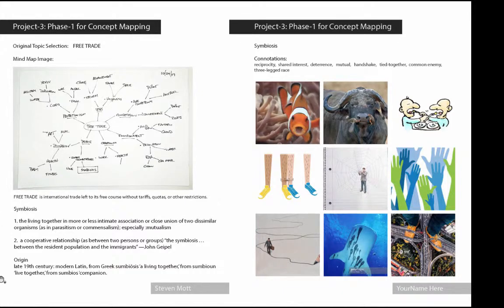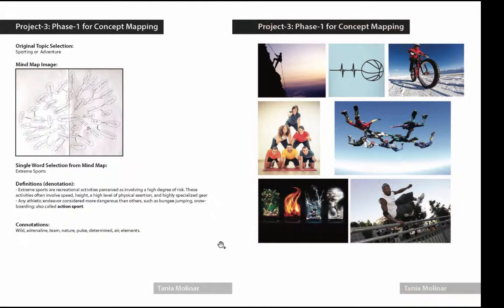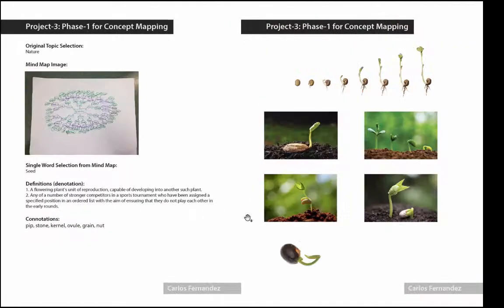This is how his looked. These are his photographs, and so on. This is another one: sporting or adventure ended up in extreme sports, and nature ended up with the word seed. Here are some photographs that were for the inspiration.